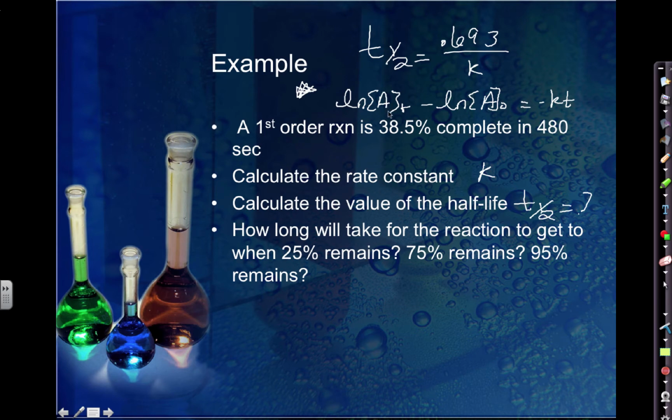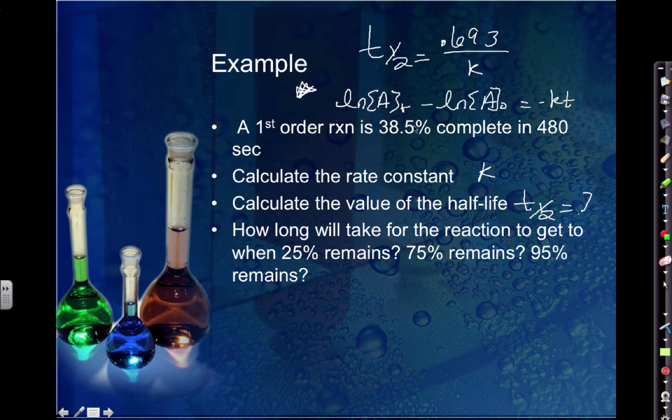All right, so when I'm looking at this, it says that the reaction is 38.5% complete in 480 seconds. So at 480 seconds, I have decreased my amount by 38.5%.